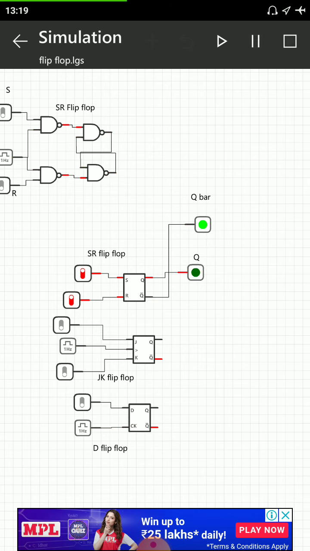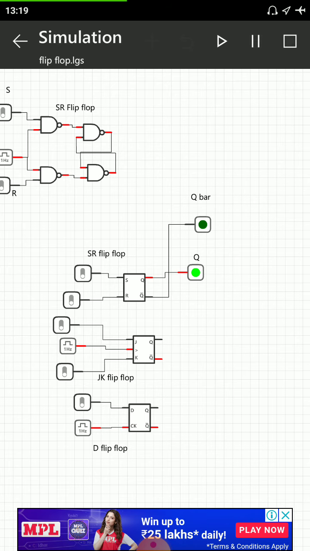So one thing more, 0 0, we call it a race state. A race state means your previous condition will be there. If not like that, for every 0 0 your Q will be high.